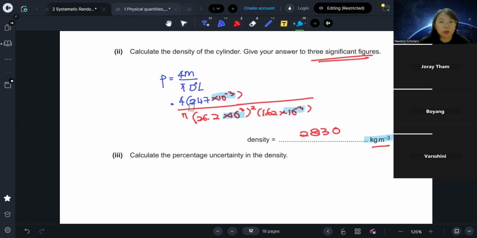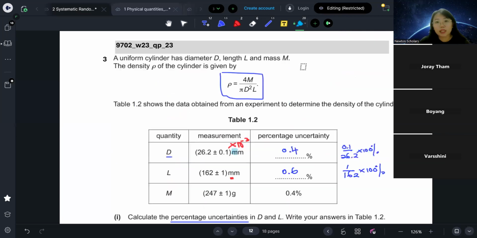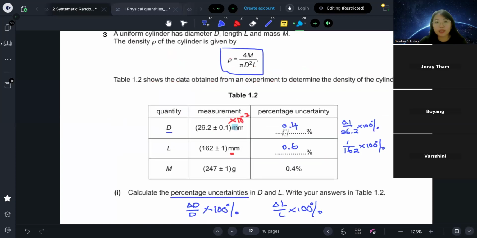Kai Qian, able to follow or not? Okay, good job. Okay, the last one, percentage uncertainty. You already calculate the percentage here, so you straightly use only. No need to count the fraction anymore, okay?